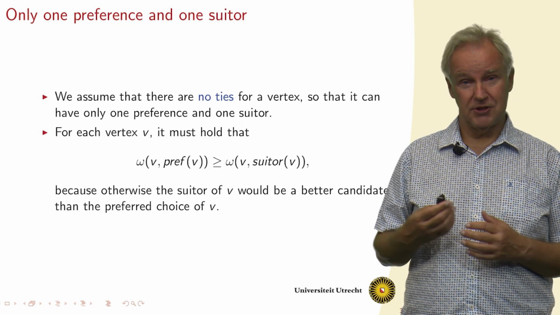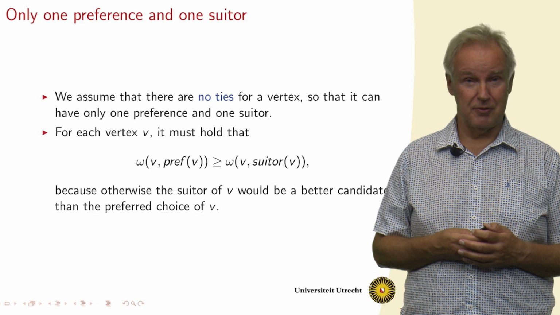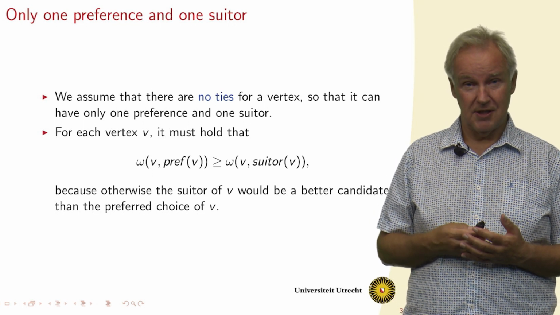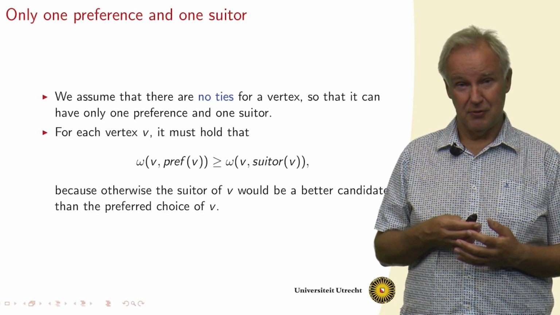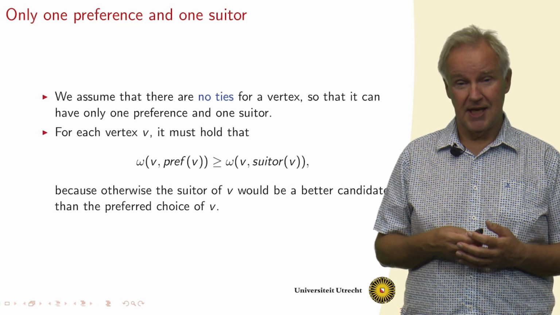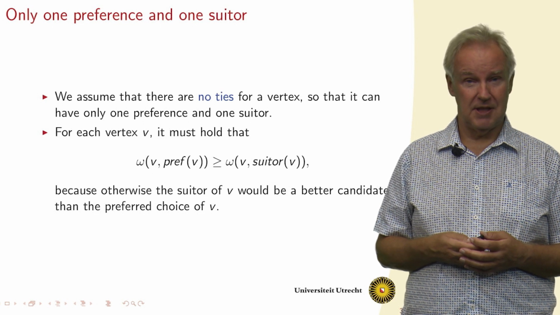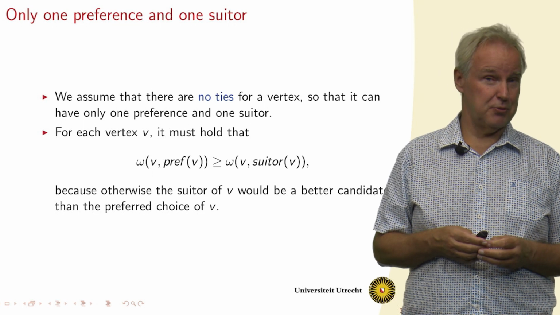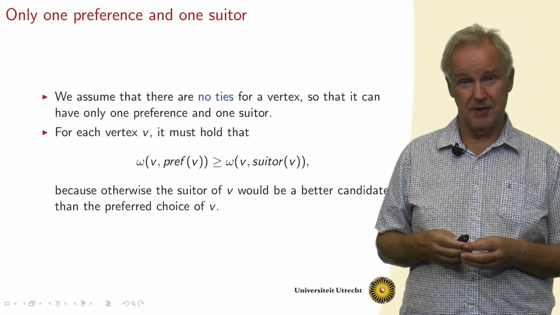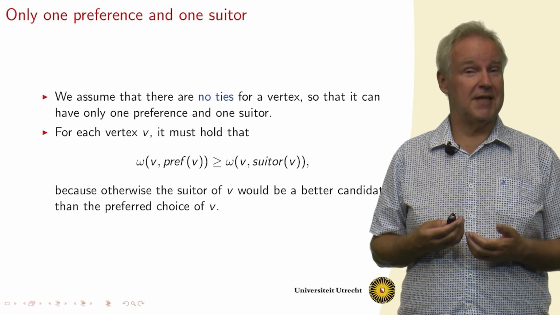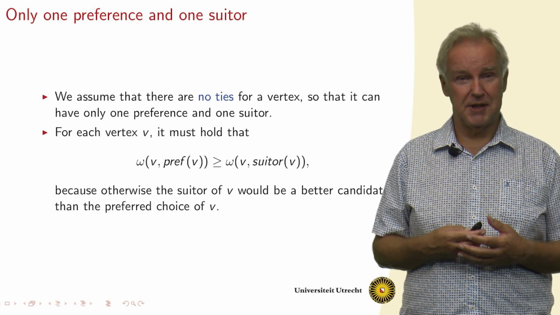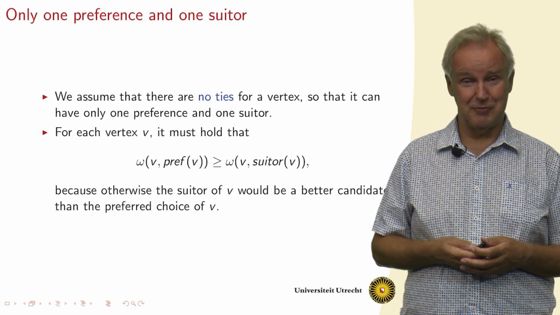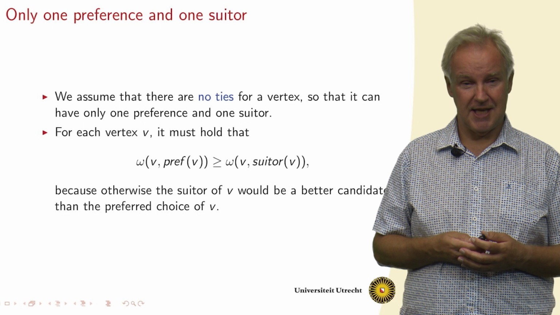If we have a preference and a suitor for a vertex v, then it must hold that the weight of the connection between v and its preference must be higher than or equal to the weight of the connection between the vertex and its suitor. Because if it would be less, then the suitor would be the preferred partner of v. So that's why this has to hold.